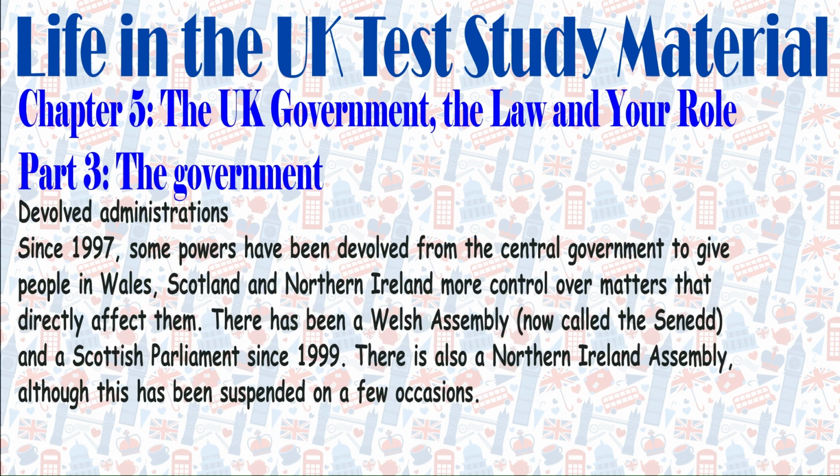Devolved administrations. Since 1997, some powers have been devolved from the central government to give people in Wales, Scotland and Northern Ireland more control over matters that directly affect them. There has been a Welsh Assembly, now called the Senedd, and a Scottish Parliament since 1999. There is also a Northern Ireland Assembly, although this has been suspended on a few occasions.